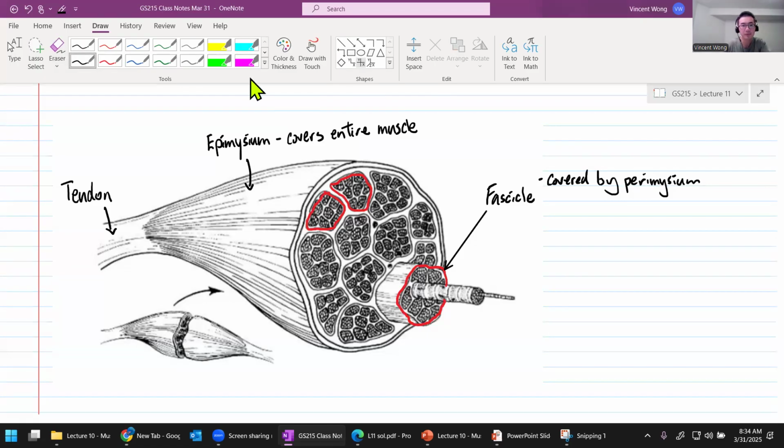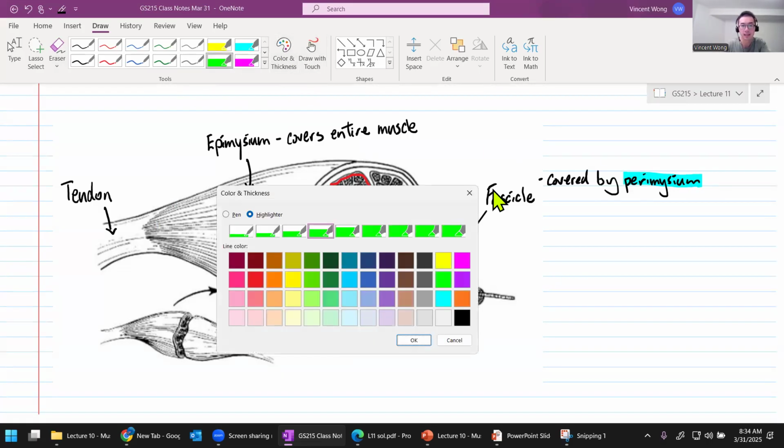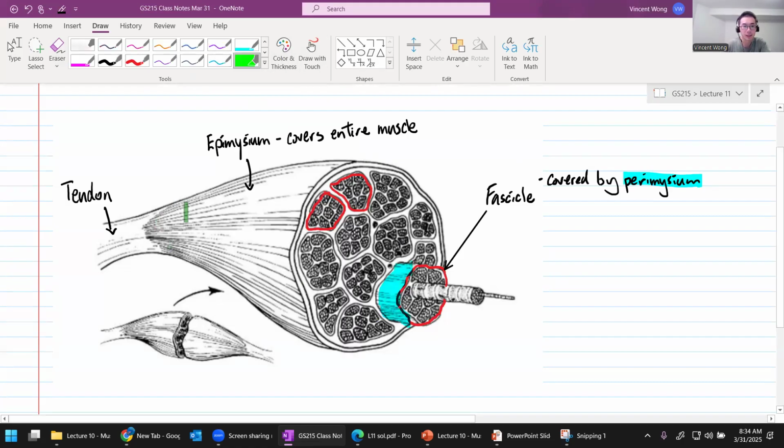Perimysium would be this thing right here. If you need to color it, that's the perimysium. This whole thing at the surface, that would be the epimysium.